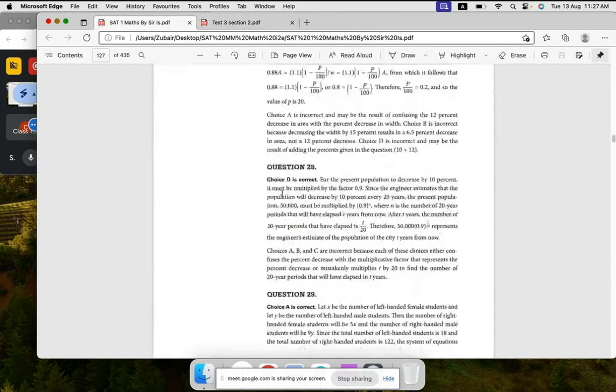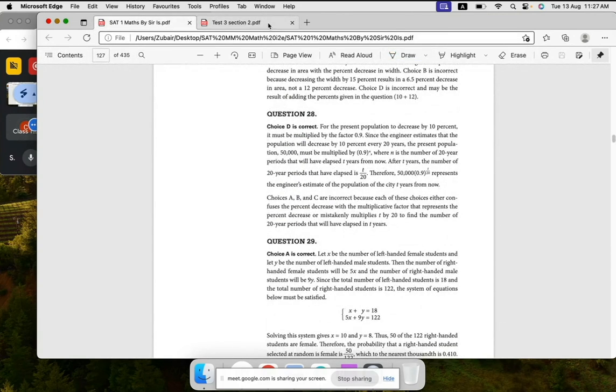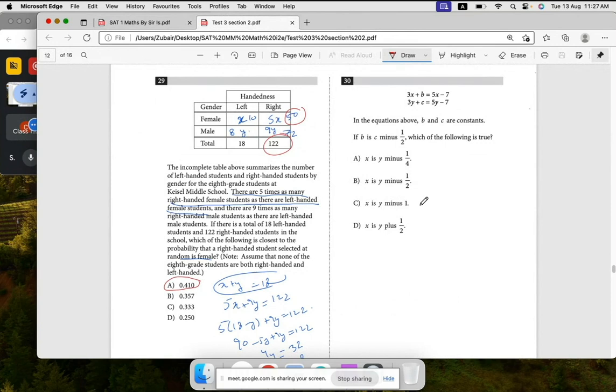Question 30. In the equation above, B and C are constants. If B is C minus 1 by 2, which of the following is true?